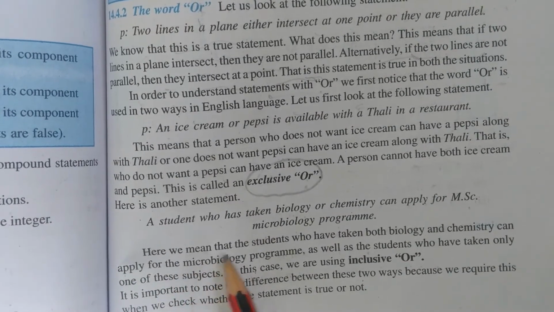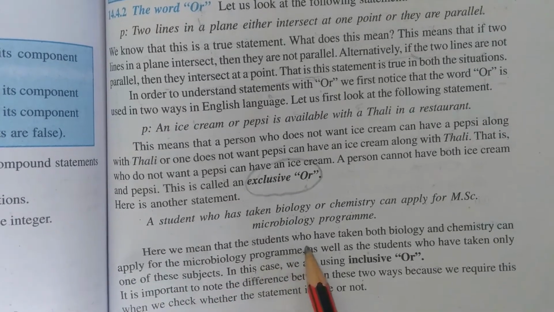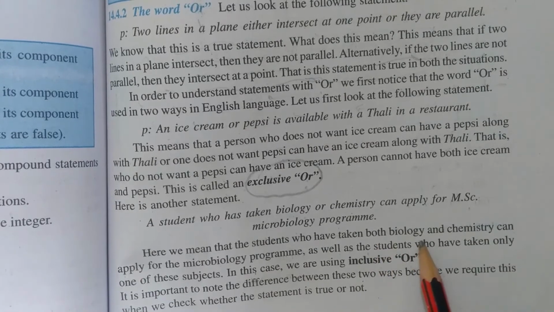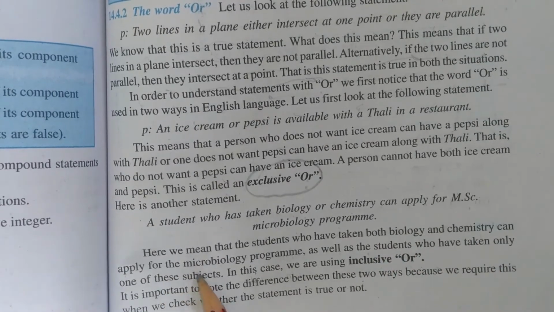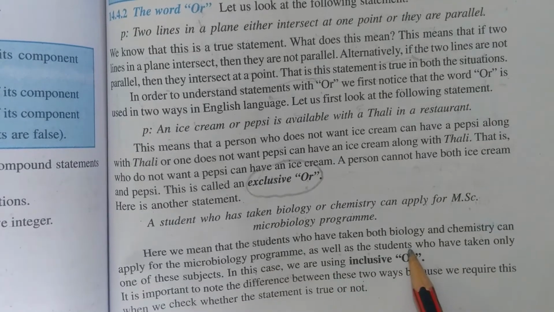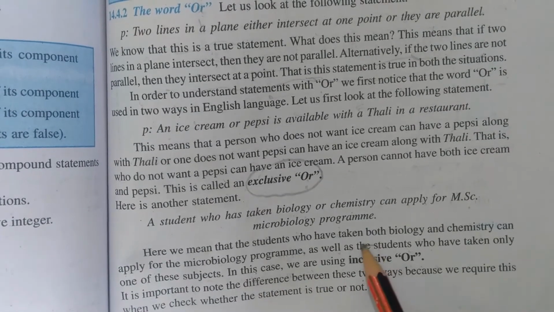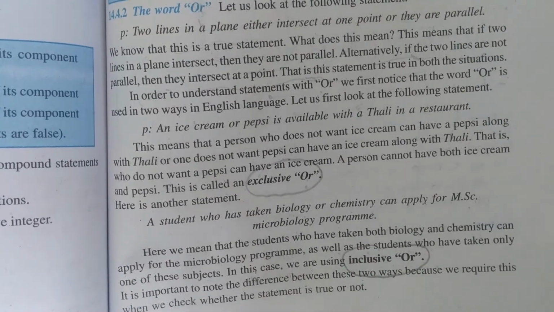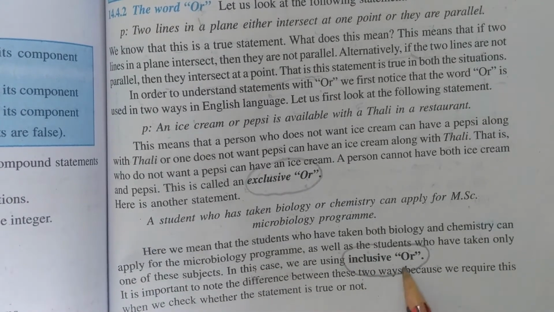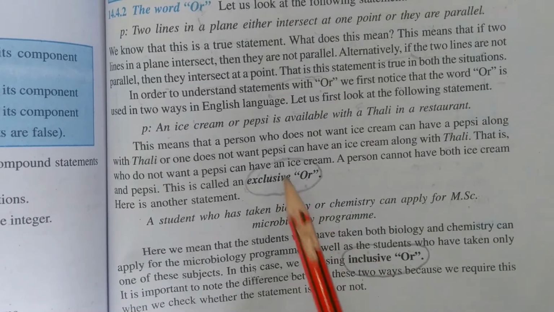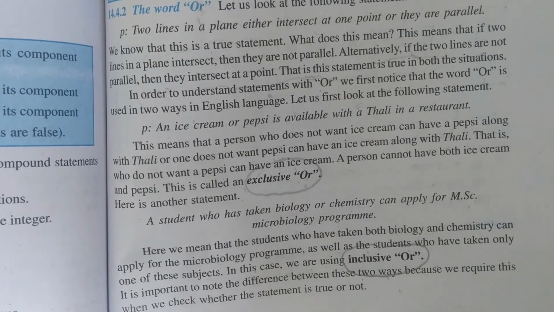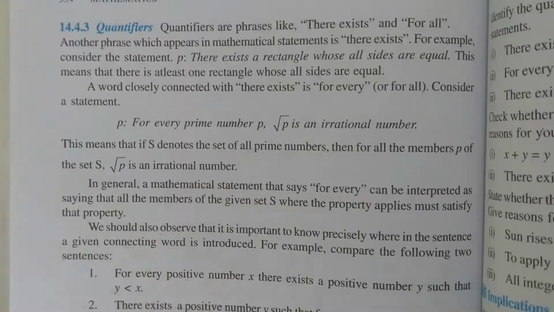Here we mean that students who have taken both biology and chemistry can apply for the microbiology program, as well as students who have taken only one of these subjects. In this case we are using inclusive or. So exclusive or and inclusive or, these are the two parts we shall discuss in this exercise.